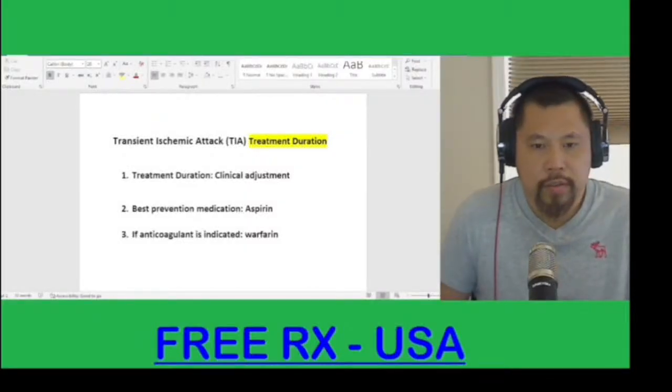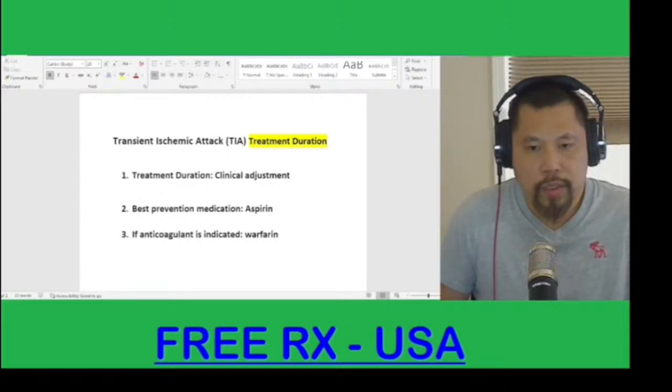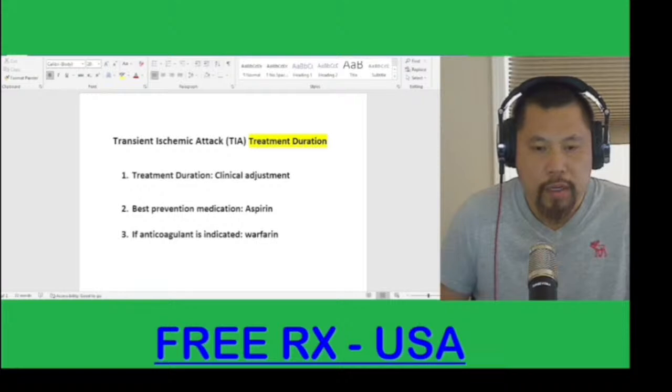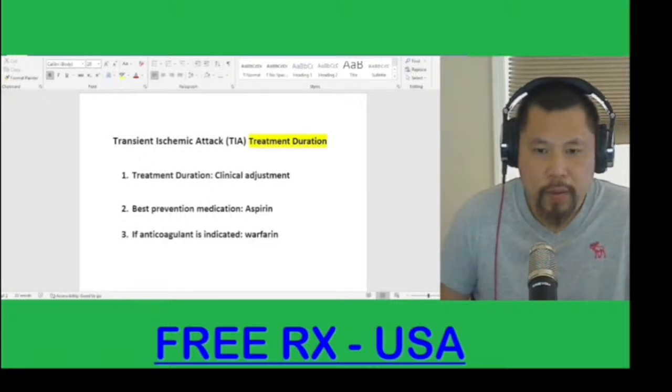And transient ischemic attack, TIA, or mini stroke treatment duration. The duration could be adjusted, so it depends.